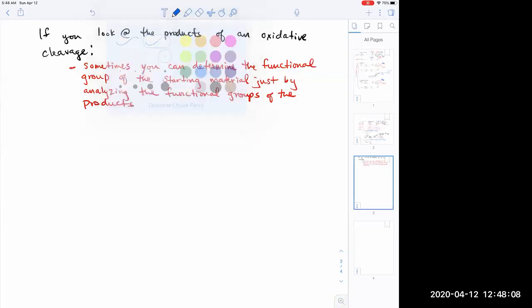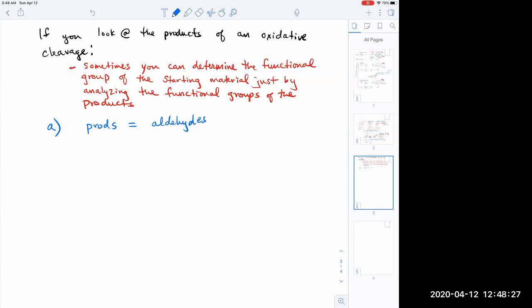Let's take the case of looking at the products of an oxidative cleavage, and if you see that the products are aldehydes when you do an ozonolysis.